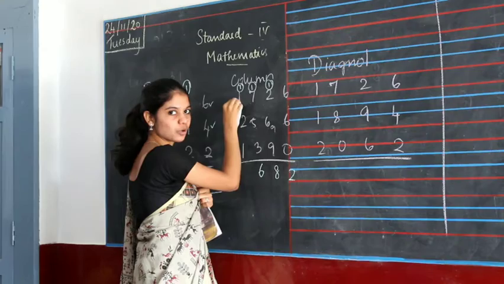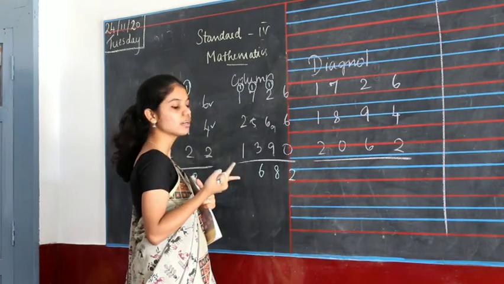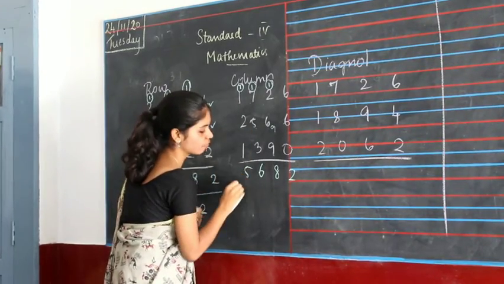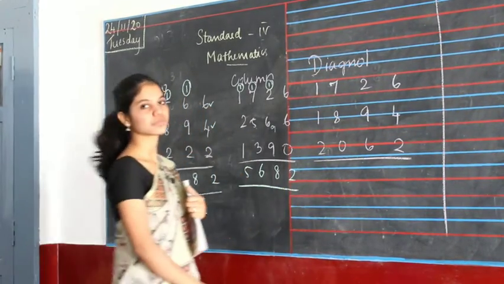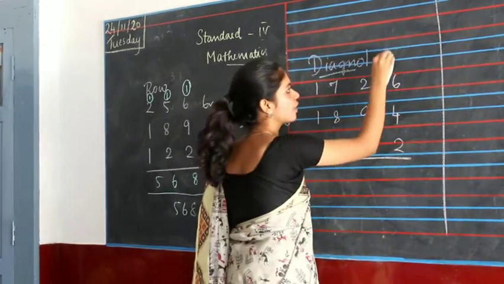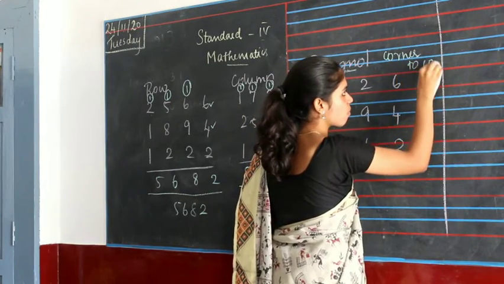So 1 plus 1 will be 2. 2 plus 2, 2 in your mind, 2 in your finger. 2 after 3 and 4. 4 plus 1 will be 5. We got the same answer. So next we are going to do with diagonal from corner top to corner bottom.